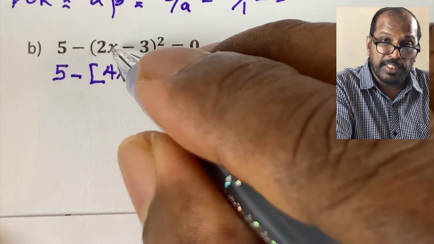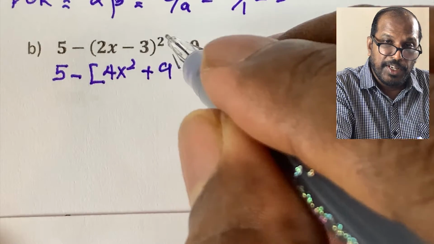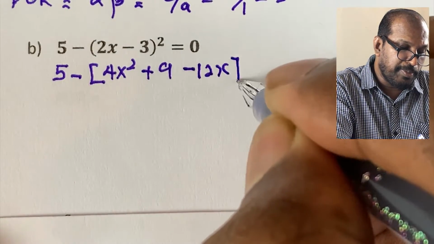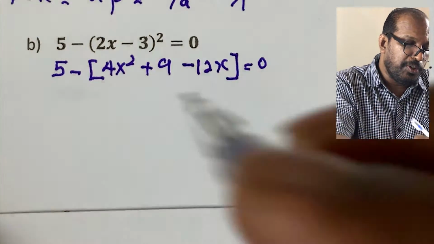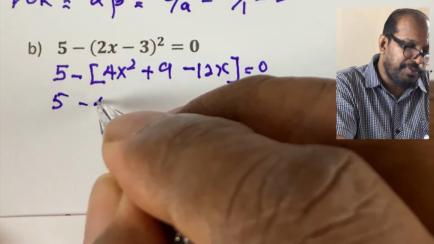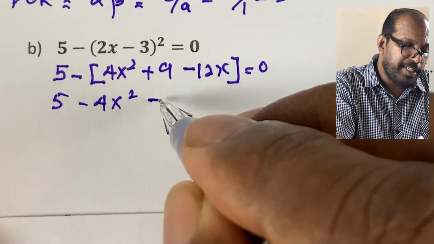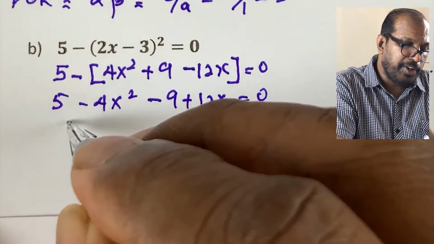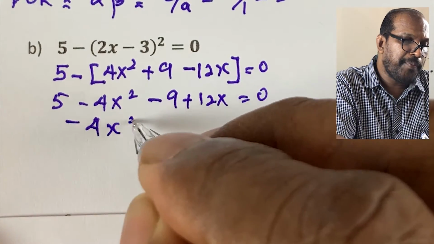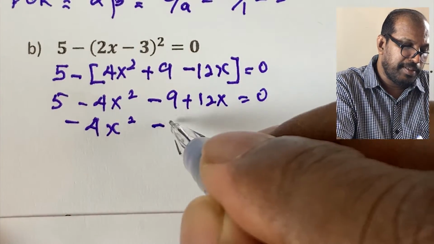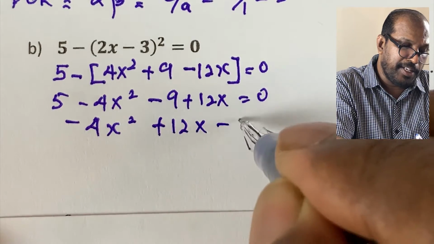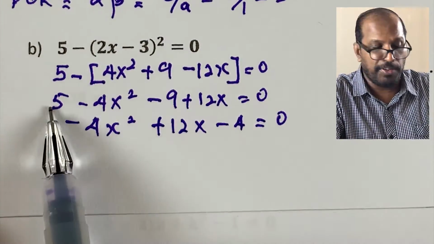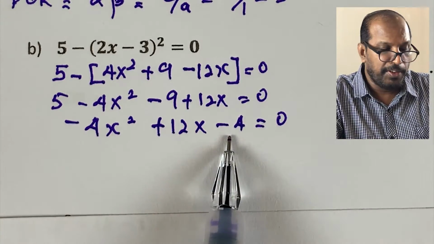And 2 times 2x is 4x, times negative 3 gives you negative 12x. Close bracket, equal to 0. So open up: 5 minus 4x squared minus 9 plus 12x equivalent to 0. So you got negative 4x squared plus 12x minus 4 equals 0, because 5 minus 9 gives you negative 4.